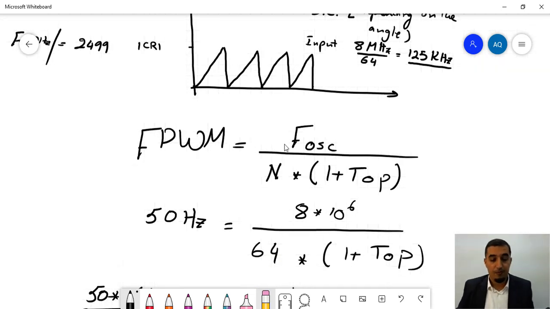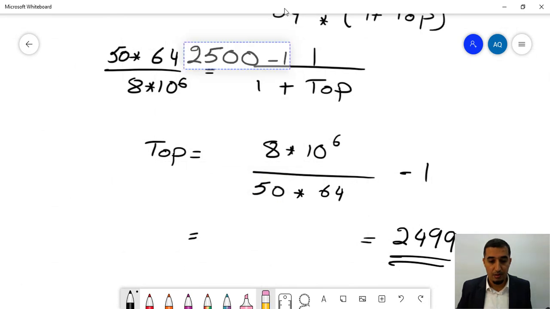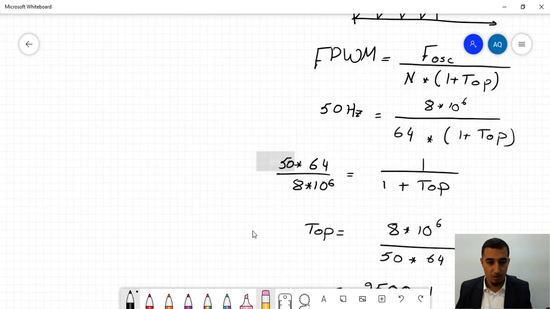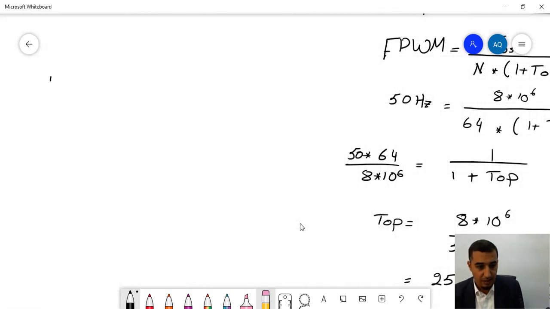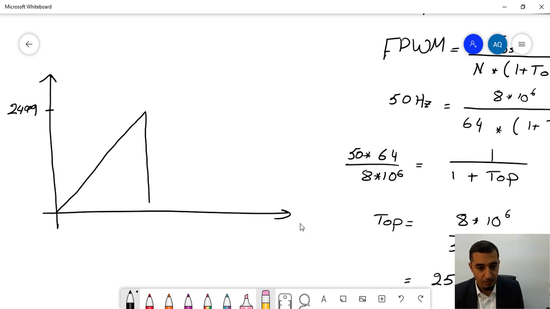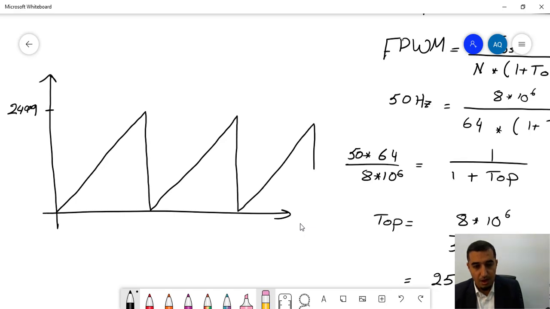The next step is to zoom in a little bit. Oops, sorry. I'm going to zoom in a little bit and talk over here that this is my signal. My signal will count from 0 up to 2499. Now I want to generate the duty cycle.